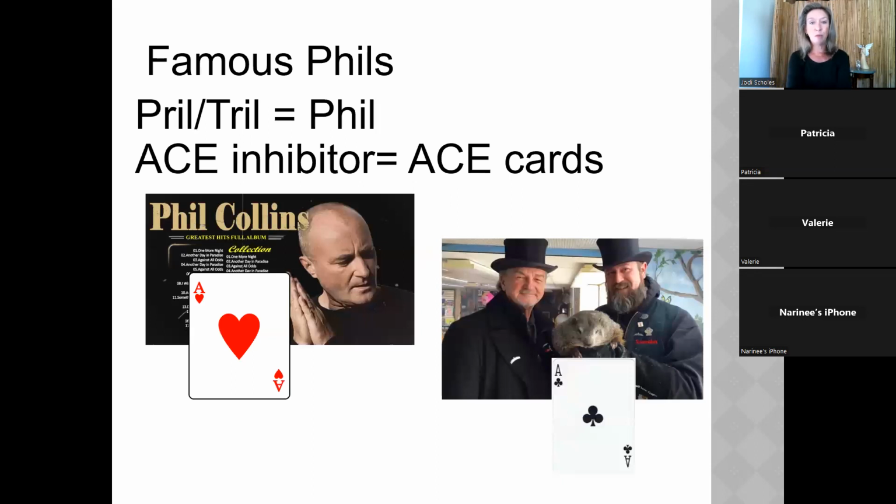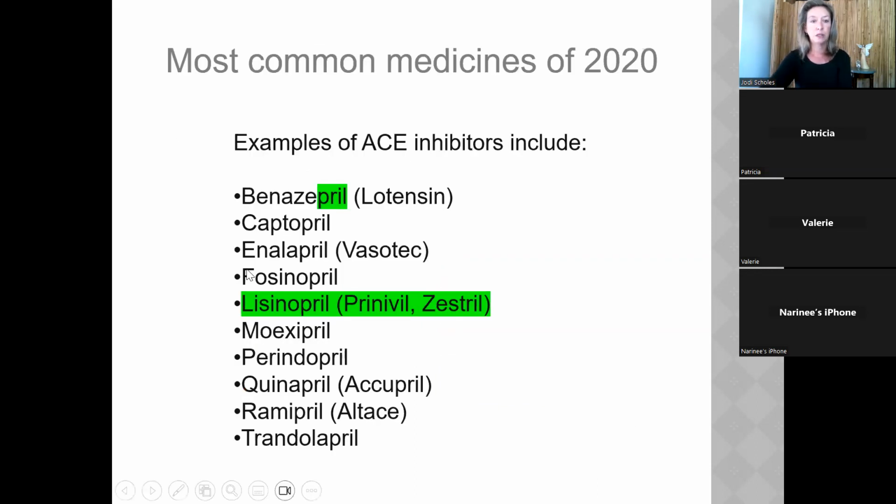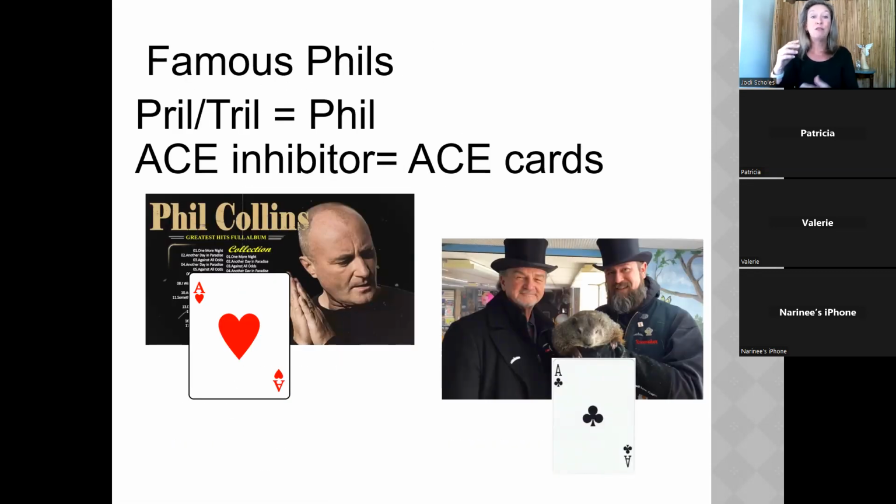The way that I remember this now is I think of pril and I think of Phil. Famous pril, Phil. So pril, trill, that's another, if you see there's a few trills in there. There's one trill, I think. Anyhow, famous Phils, famous prills.